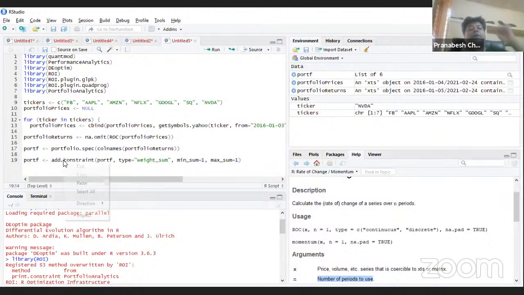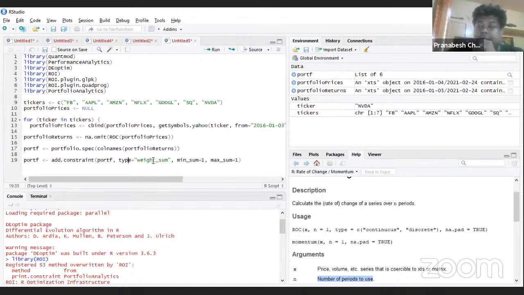Now, what does this mean? What this constraint actually means is that I want my portfolio to be 100%. Means all the portfolio stocks, the weights of the individual stocks, when we add up, should sum up to 100%. Means I am not leaving out anything from our portfolio. I am creating a complete 100%.